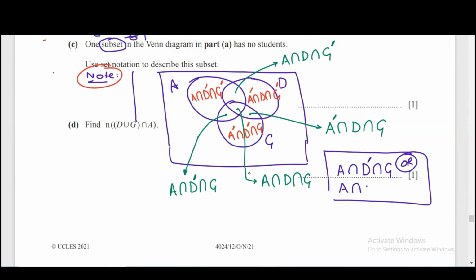Oh, sorry, in any order you can write. D may be here, no issue, G here, D complement here. Or you can write, suppose, D complement intersection G intersection A. So this is the final answer for this part.